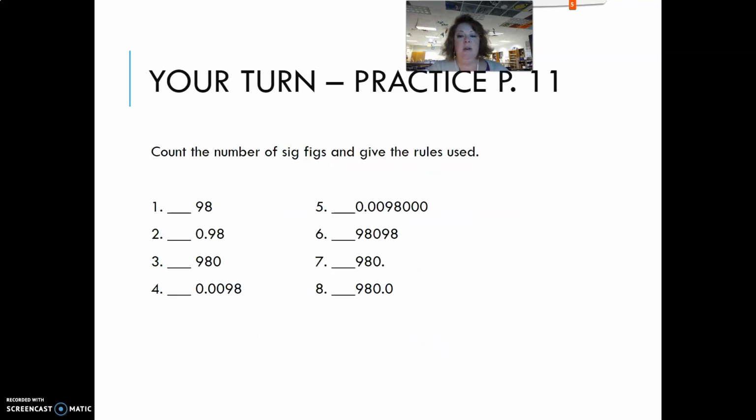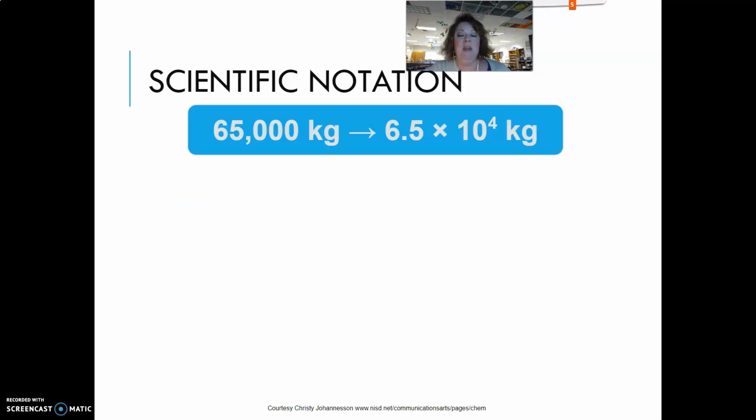All right. So now you have your practice, and then you'll get with me and we'll see if we are agreeing on them. So let's talk about scientific notation. I find that a lot of students have come to us having kind of learned scientific notation, having not.